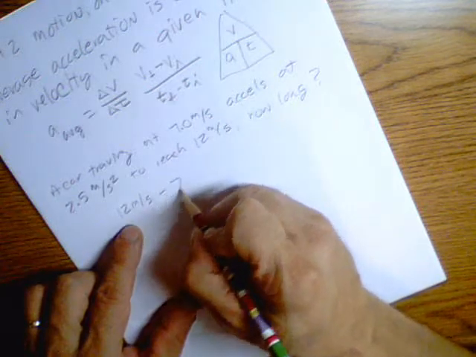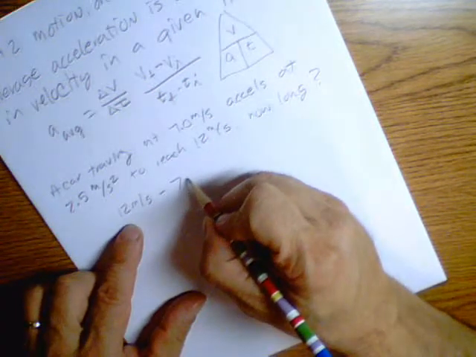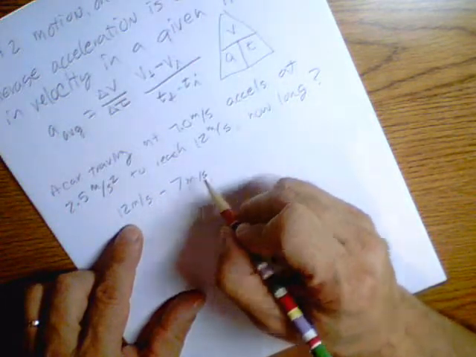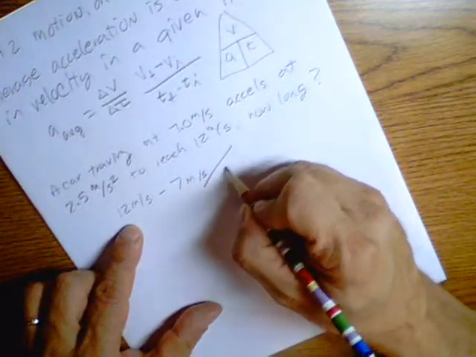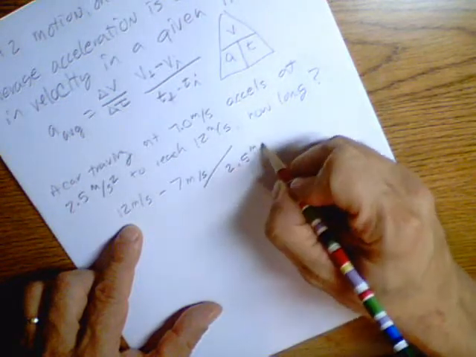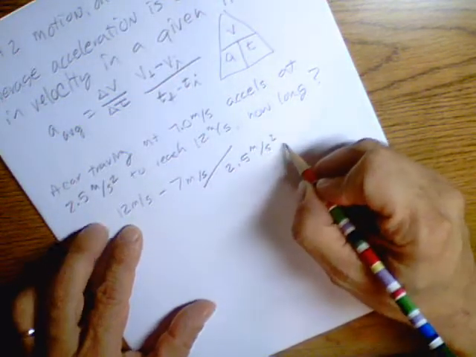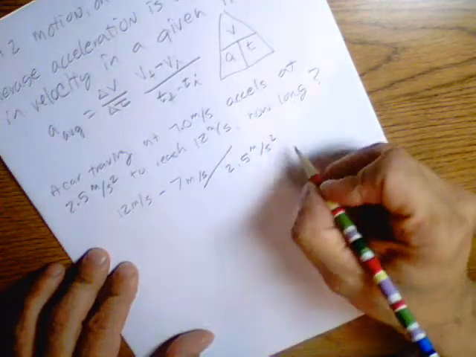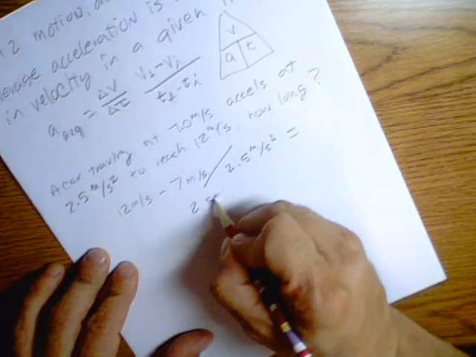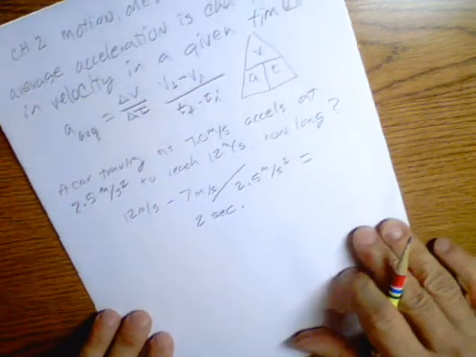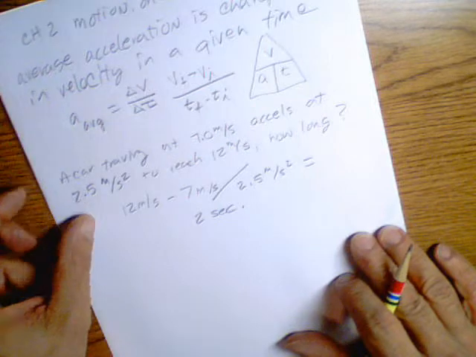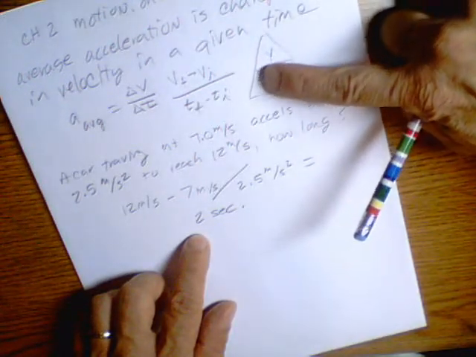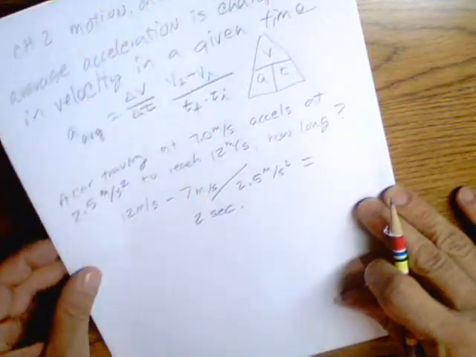Minus 7, which is velocity initial, divided by 2.5 meters per second squared, and that's our acceleration. That's our average acceleration, and so that equals 2 seconds. All right. And so in this case we wanted time, so velocity divided by acceleration. So that was simple enough.